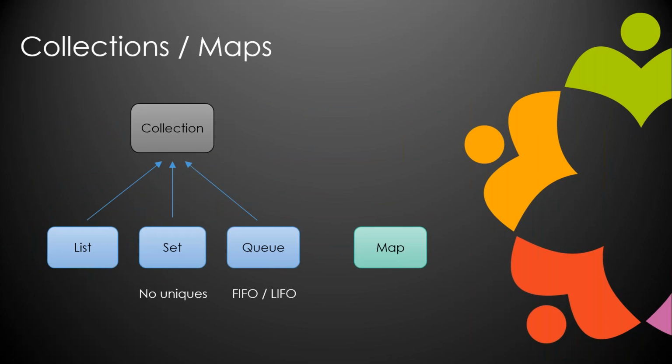But collections, we have the base type of collection, and then we have three additional interfaces. So we have lists, sets, and queues. A set cannot have duplicate values in. A list can. In a set, they're all unique. That shouldn't say no uniques, that should say no duplicates.